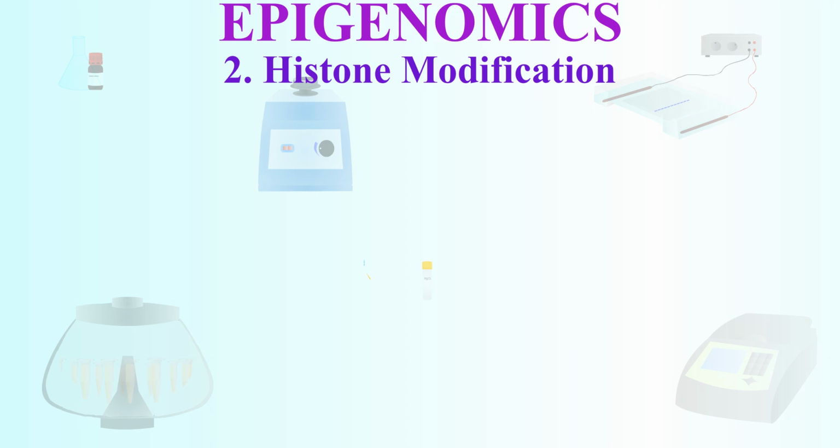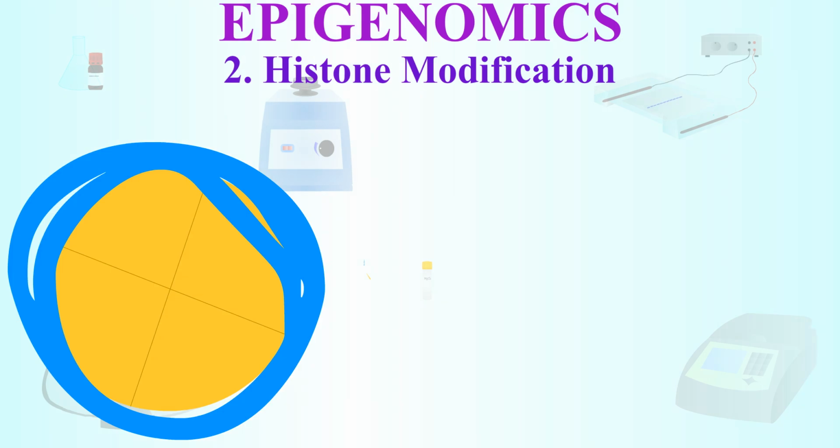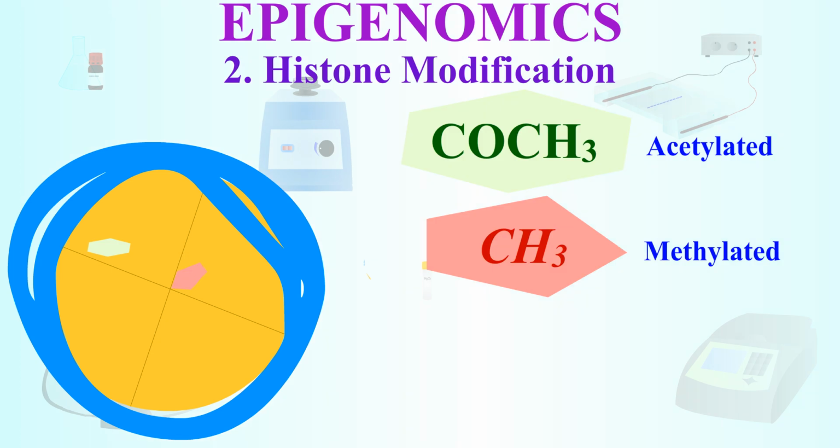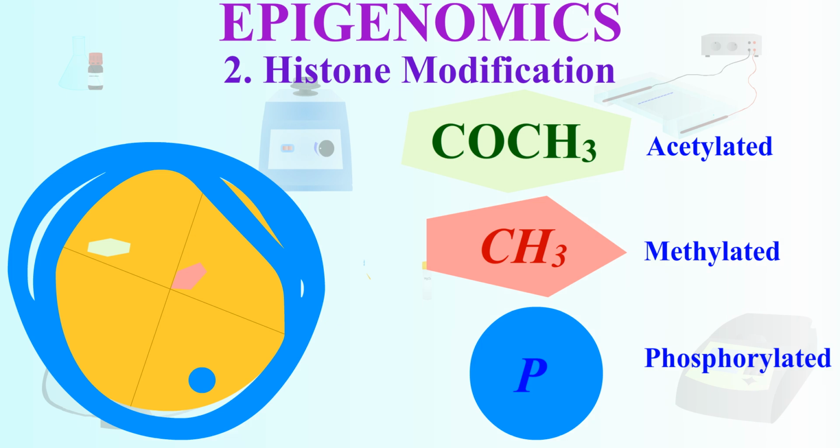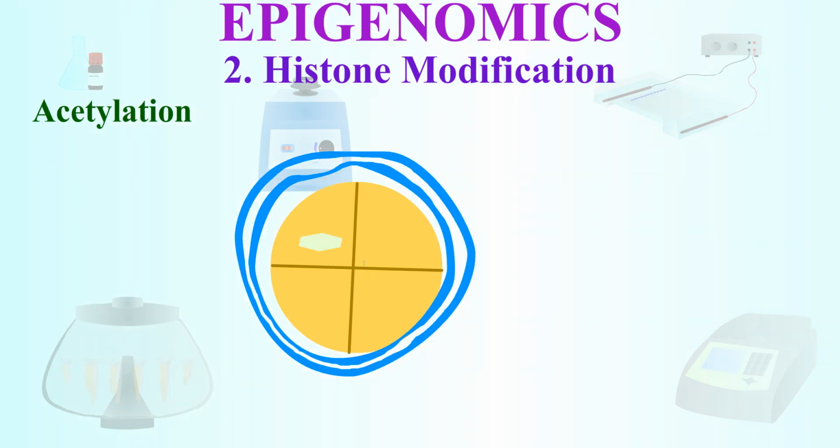2. Histone modification. Well, here, the histone proteins, where our DNA wraps around, are either acetylated, methylated, or phosphorylated. Acetylation will loosen the DNA for gene expression.